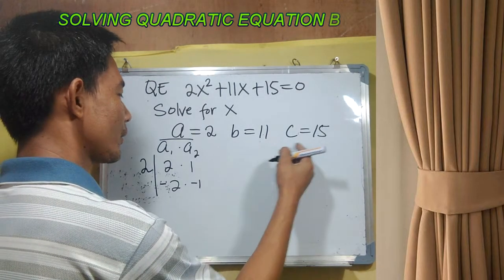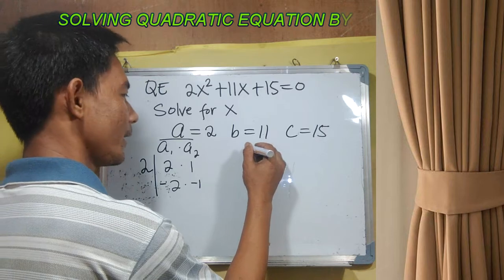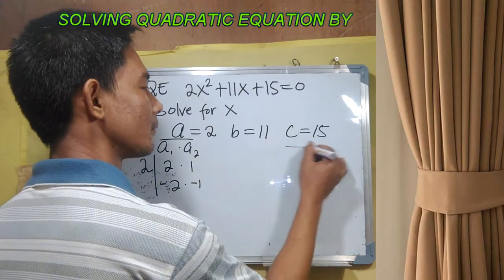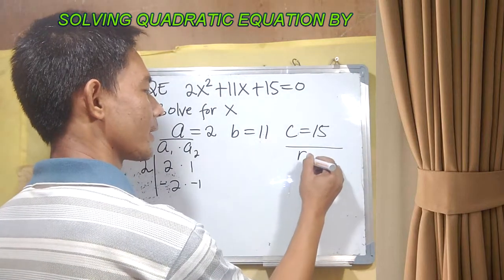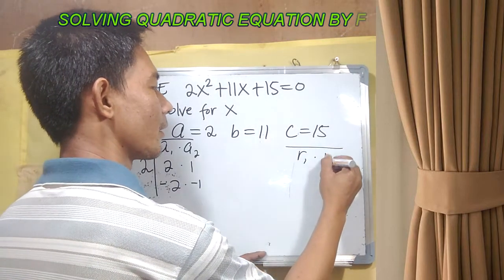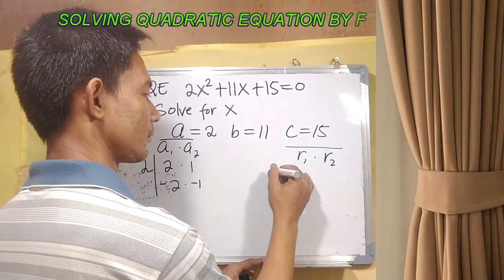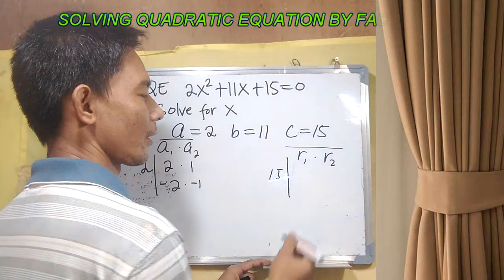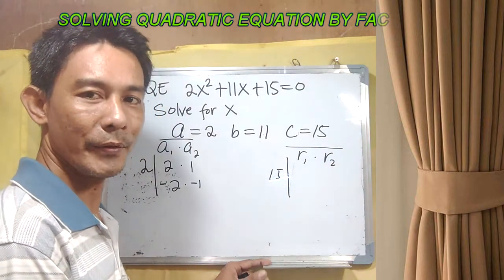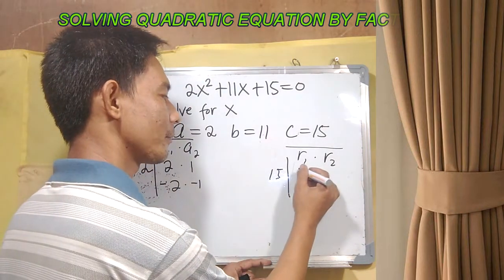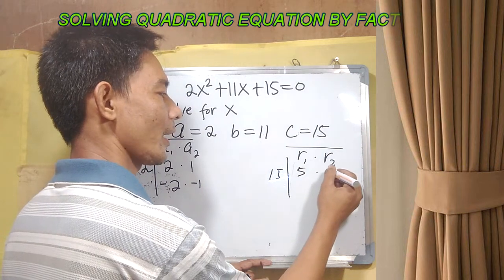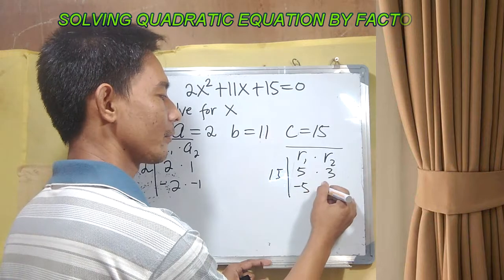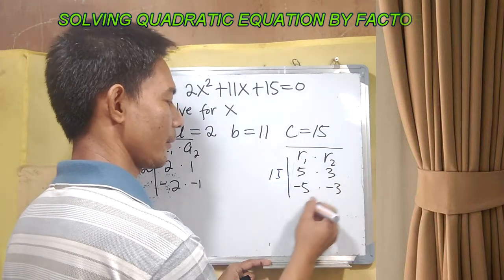Then let us also factor our c. So our c is 15, and that is r sub 1 times r sub 2. So the factors of 15 are 5 times 3, or negative 5 times negative 3.